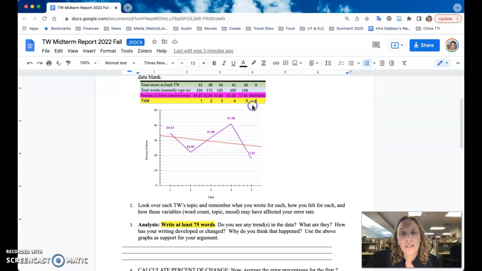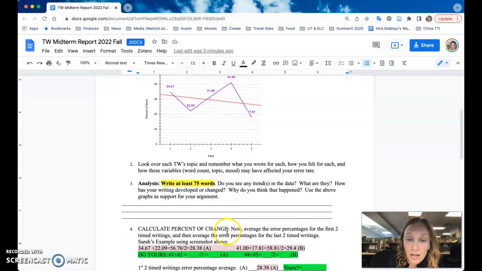And in that situation, I had a greater error rate. But what I also see is that even though that was sort of an outlier of my trend, overall, according to my red line, my errors are going down from the first one to the last one. So 17 is my lowest error rate. Awesome. I would type all that in here.